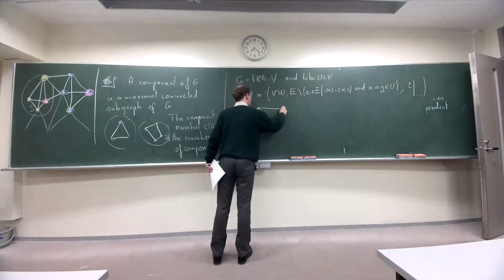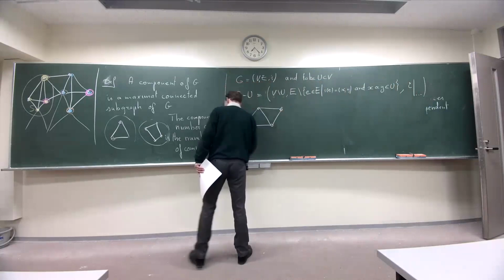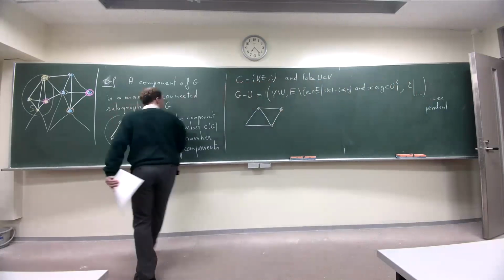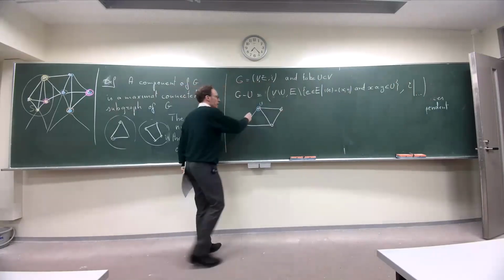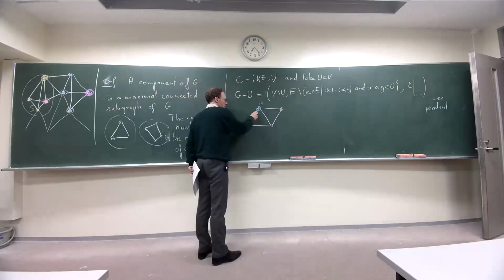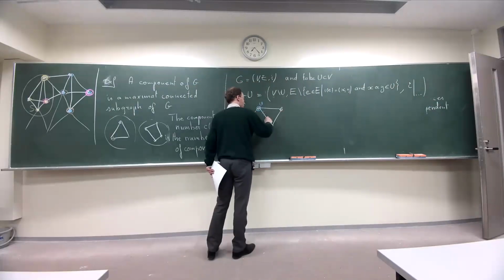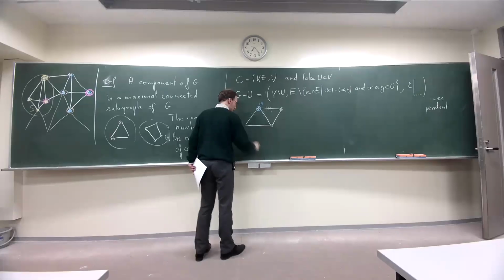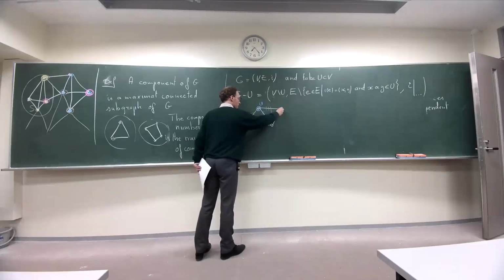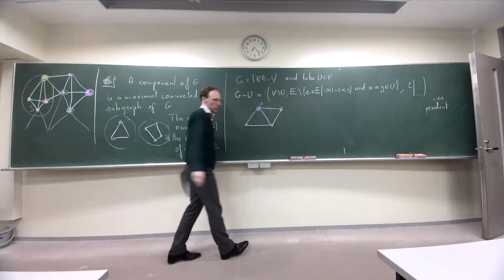Take a graph like this. If U is one point, I take U just this point, then I need to eliminate it. You have to eliminate this one, this one, and this one. So G minus U is made of these 3 points plus 2 edges.